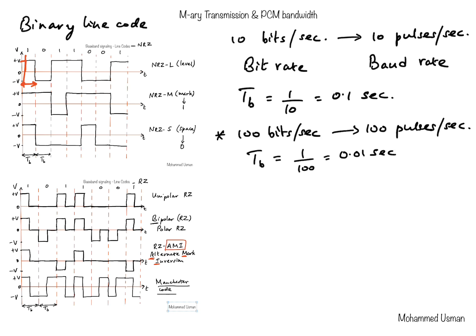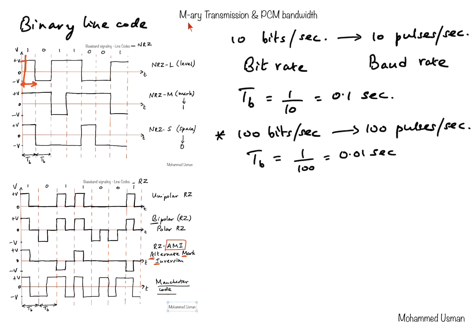That is where M-ary transmission comes in, where we represent not just one bit in a single pulse, but we put information related to more than one bit onto a single pulse. So a single pulse would contain information related to more than one bit. That is what we call M-ary transmission.